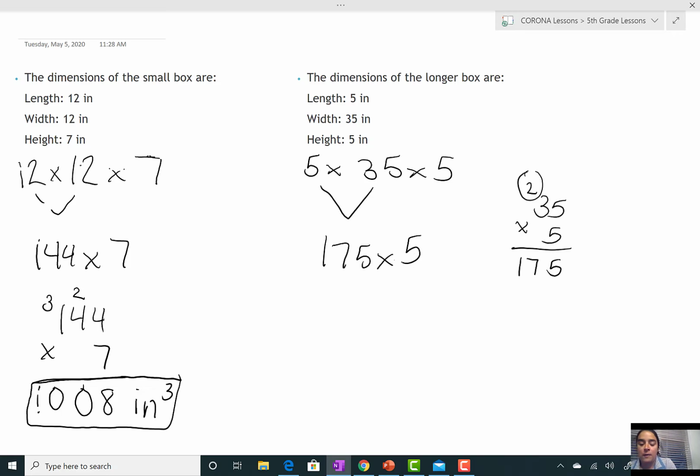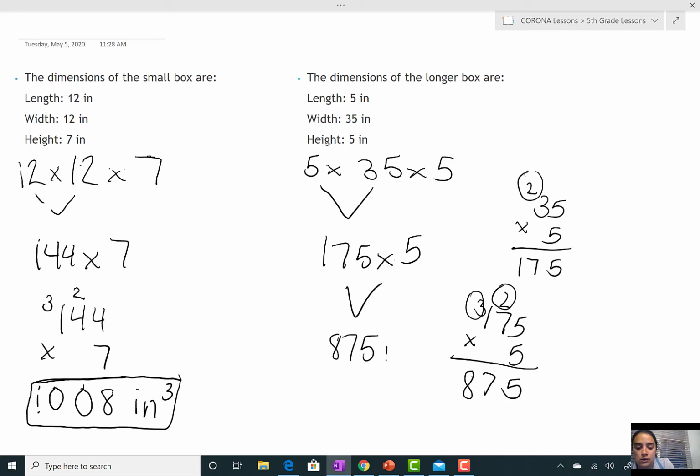Multiplying that by 5. 5 times 5 is 25. 7 times 5 is 35, plus 2 is 37. 5 times 1 is 5, plus 3 is 875 inches cubed.